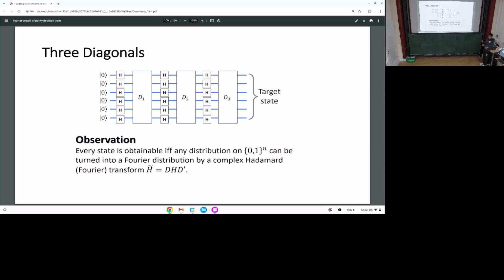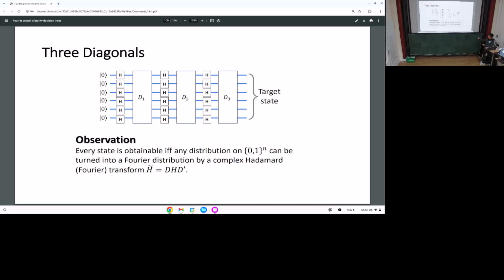So his conjecture will be true if this thing is true: every distribution will be converted into a Fourier distribution by a complex Hadamard transform. This is something we don't quite expect classically, where the output is just binary and we also talk about Fourier distribution. There is no structural lemma you can show for that, because it's discrete and you can't use a finite number of things to approximate it.